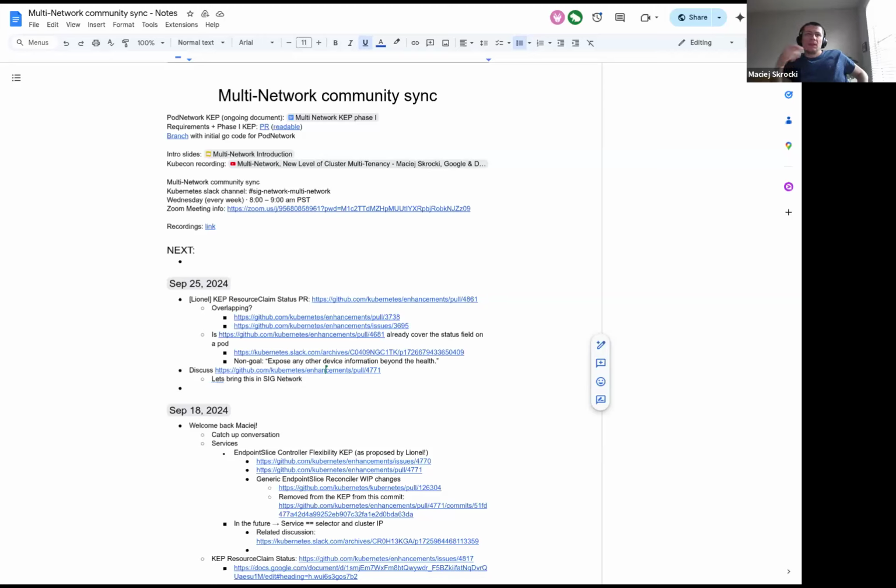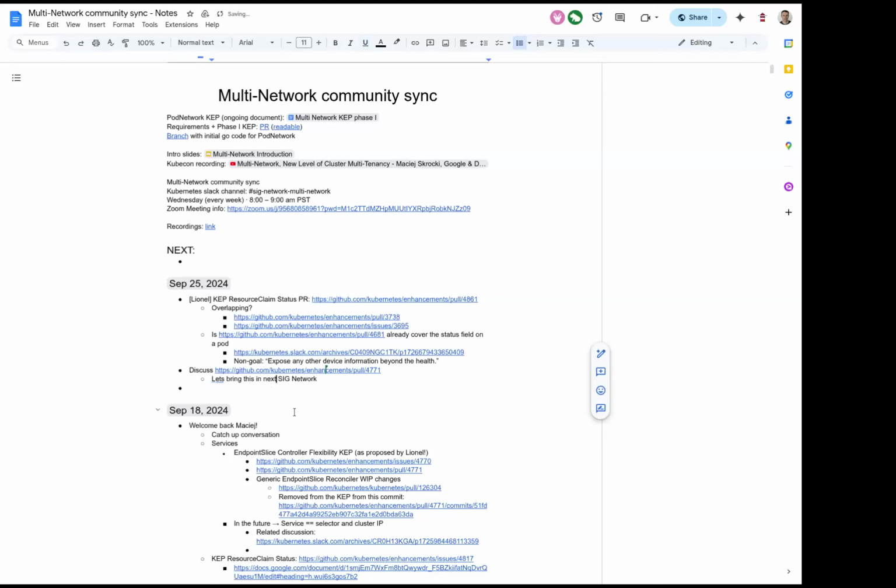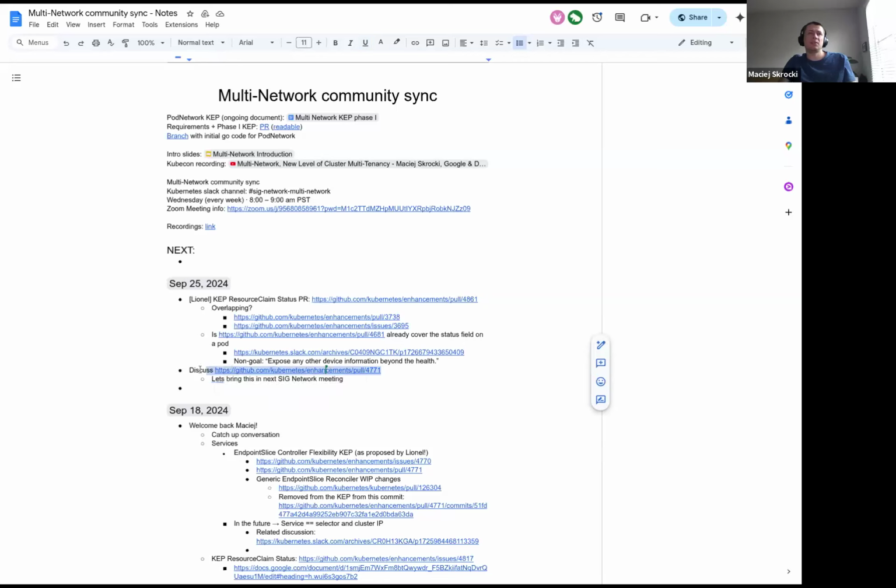All right. And just mention both KEPs are aimed for 1.32. That's December, right? Yes, around December. Yeah, exactly. That's why I want to bring this up and get this sorted. I think the resource claim, considering how the whole thing is churning quickly, it's crazy.